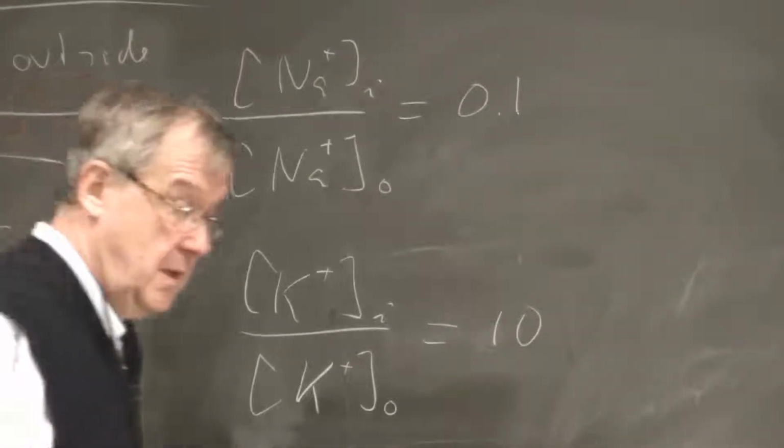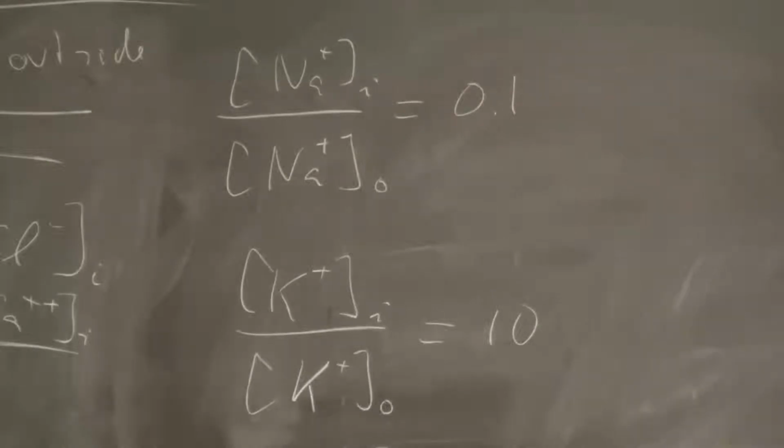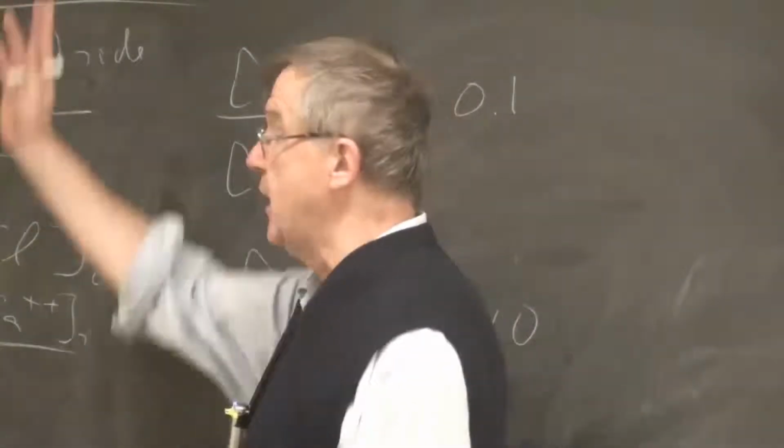Now, it looks a little odd that the cell uses only positive ions. What can you do with positive ions? Looks like everything is neutral. You cannot generate a signal, but that's not true. You can change the potential anytime you want by just sending positive ions outside or inside.